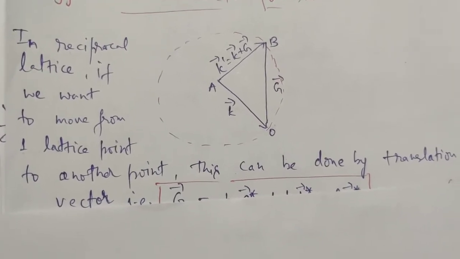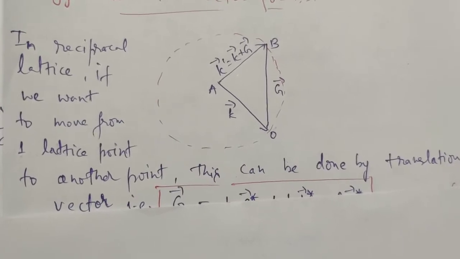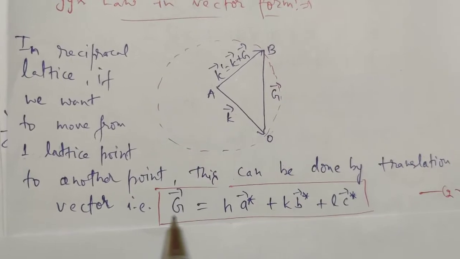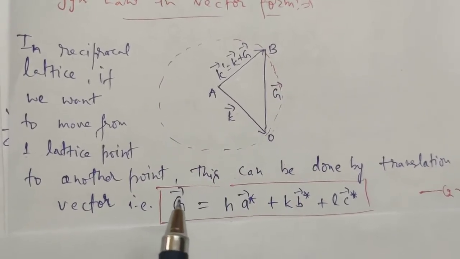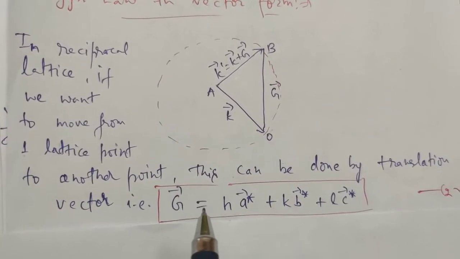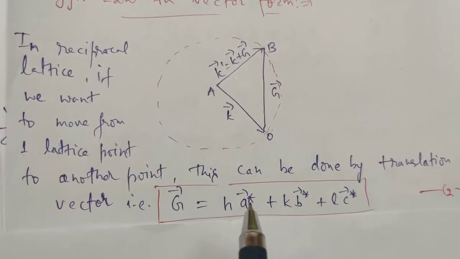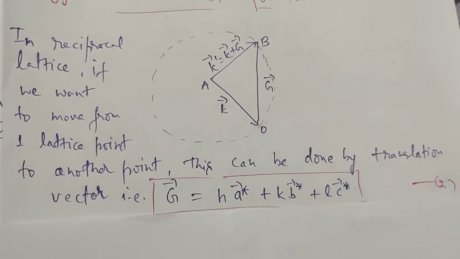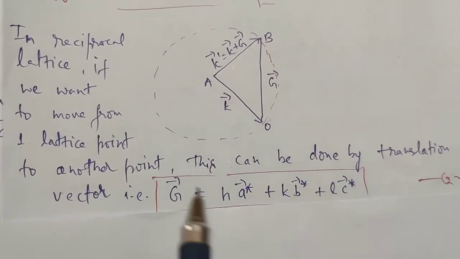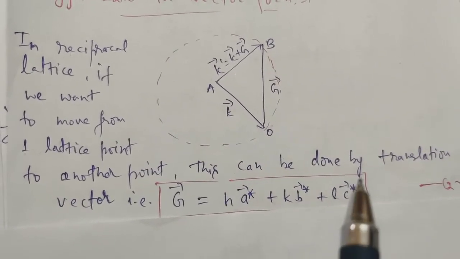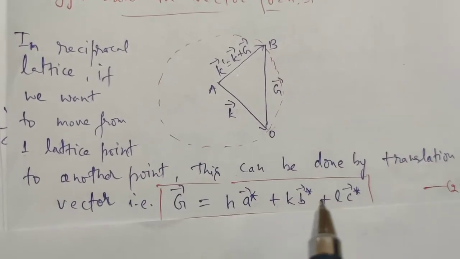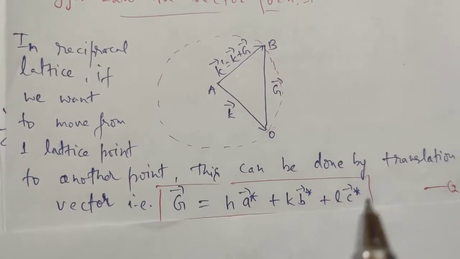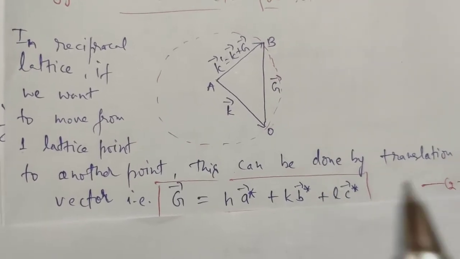These translations are described mathematically by a vector known as the translation vector, denoted by G, which is equal to h a star vector plus k b star vector plus l c star vector, where h, k, l are the Miller indices of a particular plane, and a star, b star and c star are the fundamental primitive translation vectors of the reciprocal lattice.